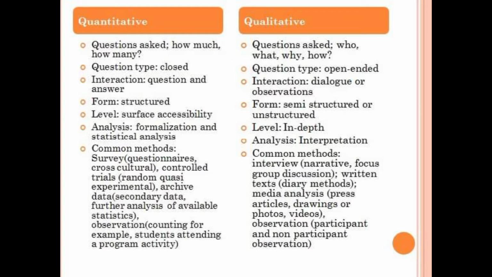Quasi-experimental means subjects are assigned to groups based on non-random criteria and it doesn't rely on random assignment. Archive data, or secondary data, and further analysis of available statistics. And the last one in quantitative is observation, like counting students who attended the program activity.